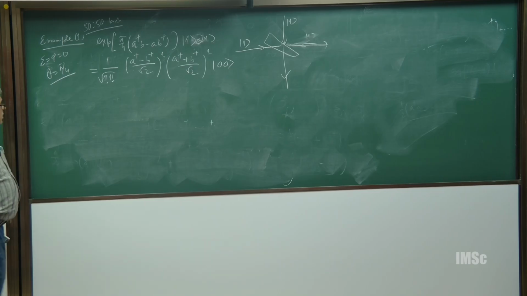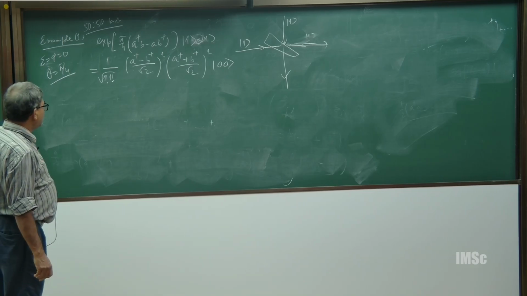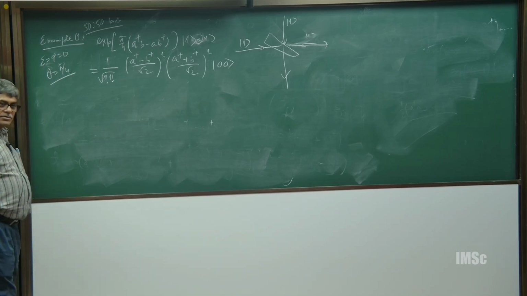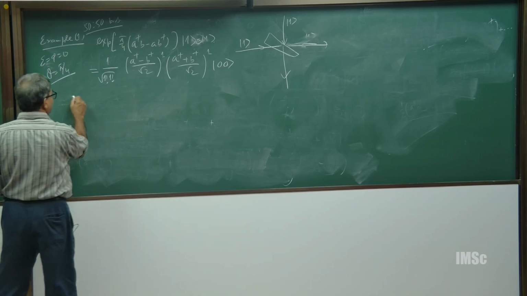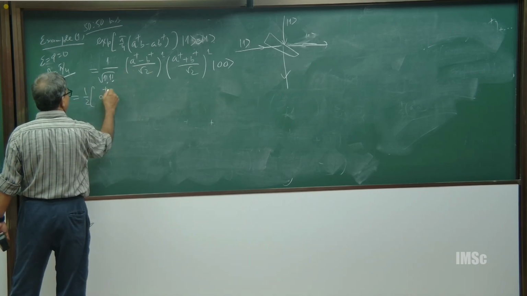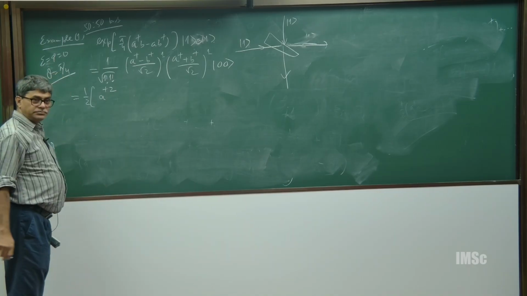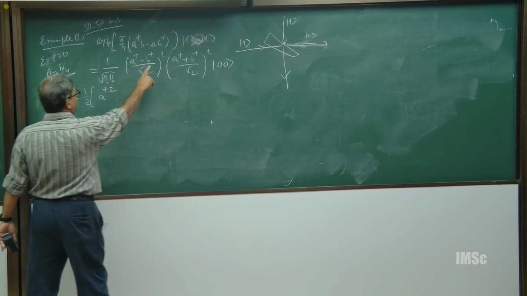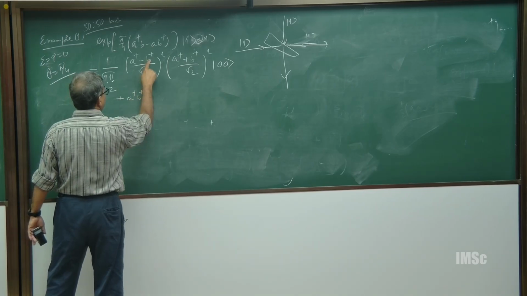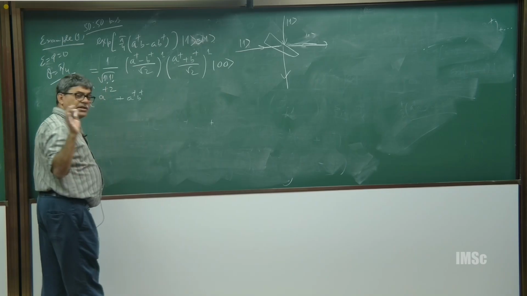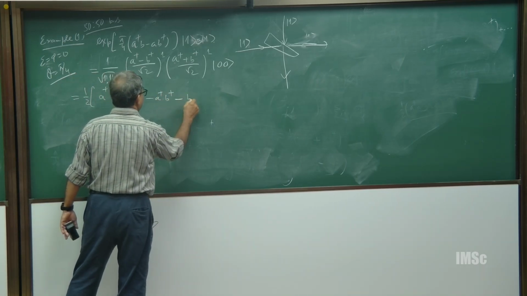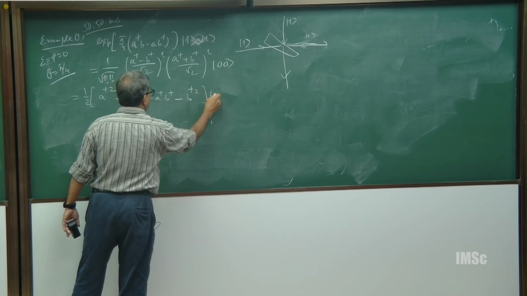When you say A dagger minus B dagger, that means A dagger tensor product identity minus identity tensor B dagger. All those things are there. So, this is half, now this is A dagger square, and then plus A dagger B dagger minus B dagger A dagger, because B dagger and A dagger commute. So, I can also write minus A dagger B dagger, minus B dagger square, acting on 0 0.